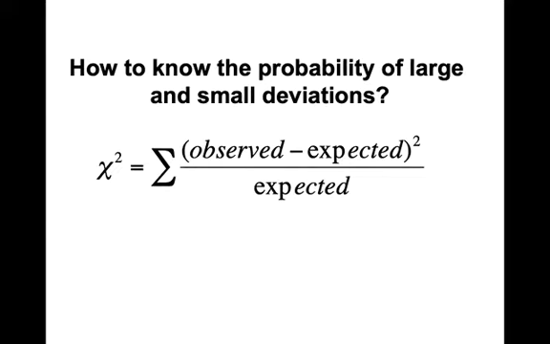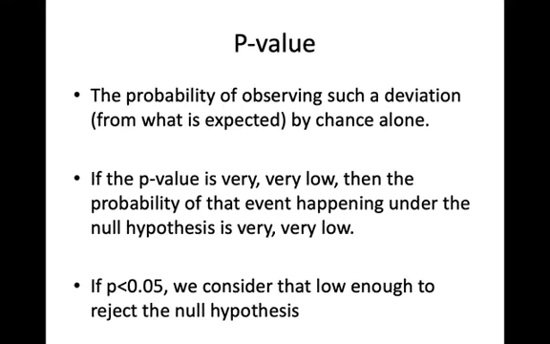I'm going to go back to that point that we have a way now of measuring deviation. The bigger the difference between observed and expected, the larger this chi-square statistic is going to be. All right? But how do we figure out this probability of large and small deviations? The way we do that is we use something called a p-value.